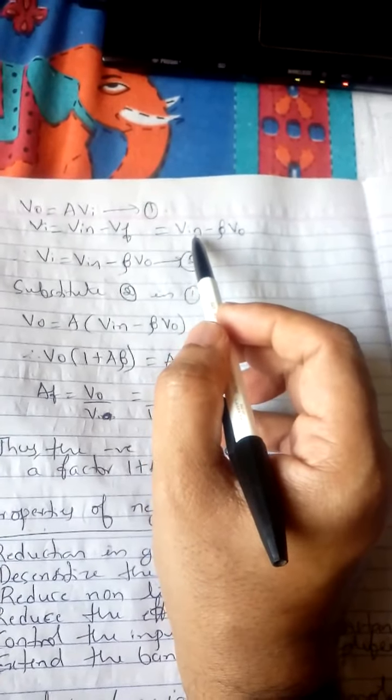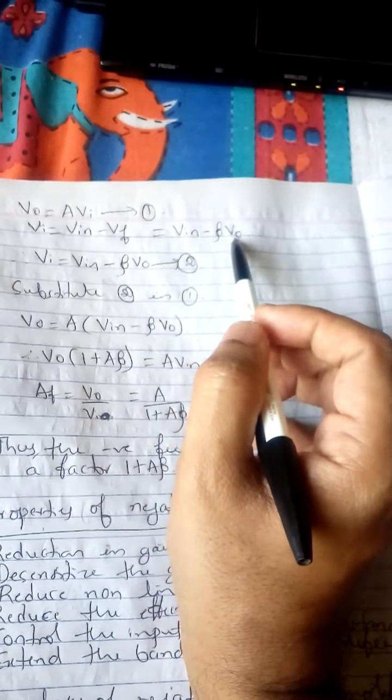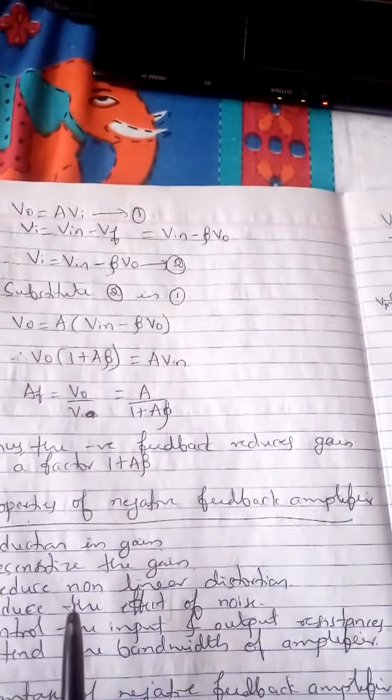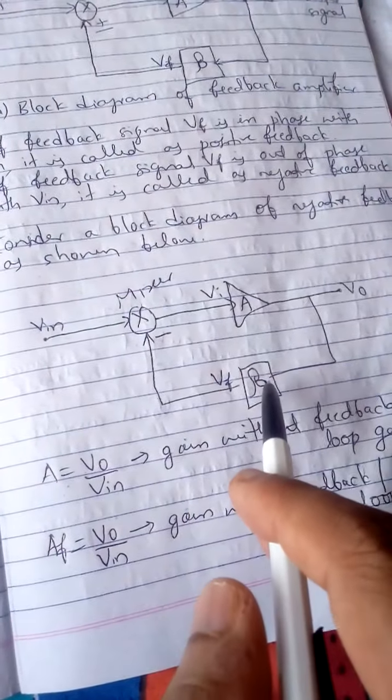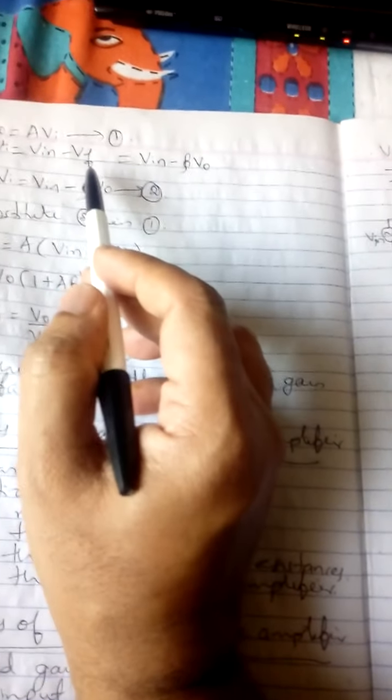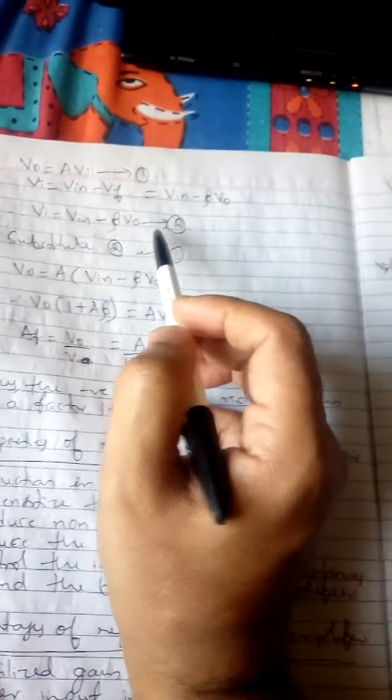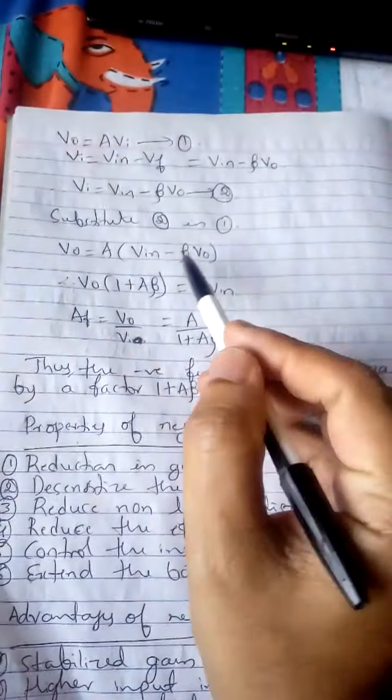Then that will be equal to Vin minus beta into V naught. What is Vf? Vf is the feedback signal, so I replaced Vf by beta into V naught. I am calling it equation number 2.